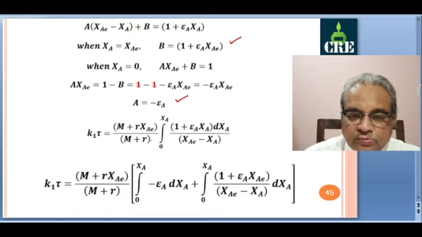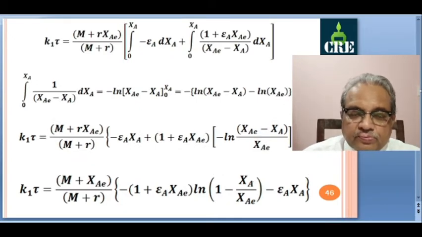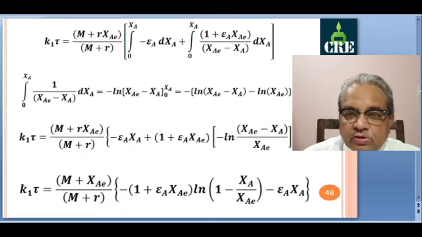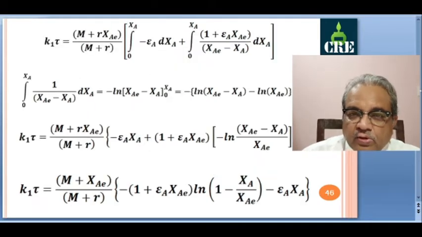This is constant outside, 0 to xa. First term, constant a is minus epsilon a dxa, plus integral 0 to xa of the second term, xae minus xa in the denominator, and b, 1 plus epsilon a xae, in the numerator, into dxa. So we have to solve this. This is outside, and this term I have written again. So complete integral 0 to xa, 1 plus epsilon a xae, that is constant.